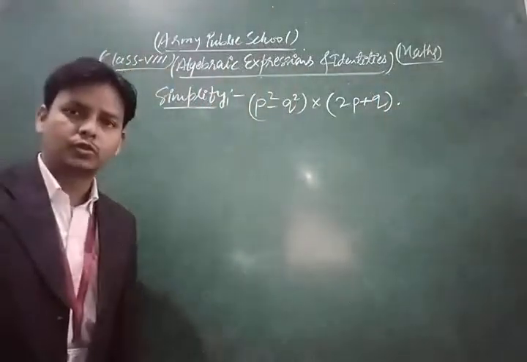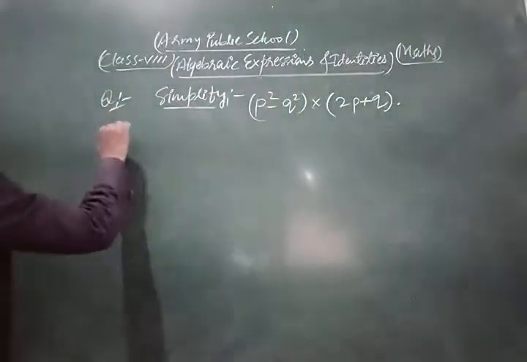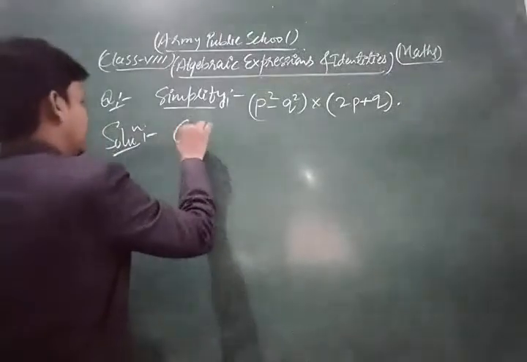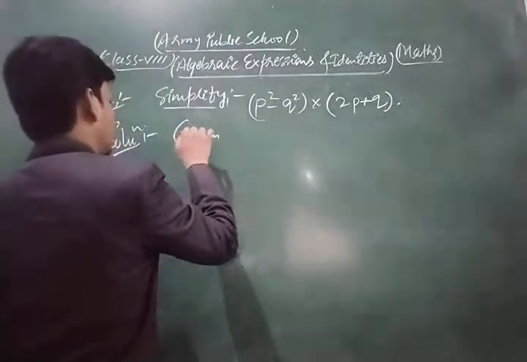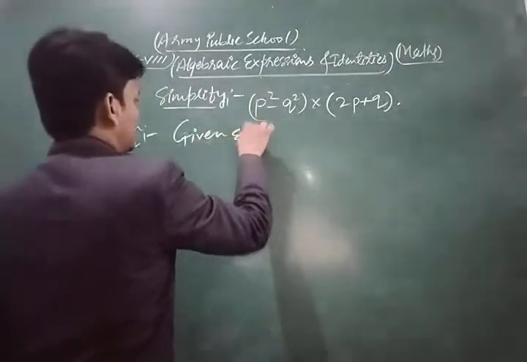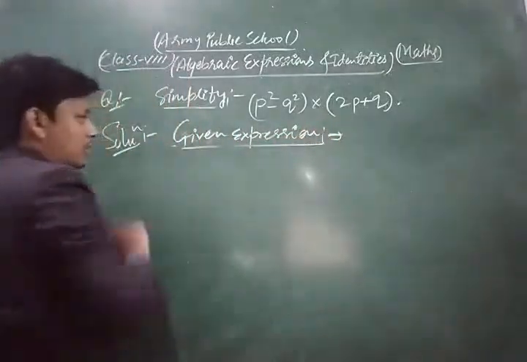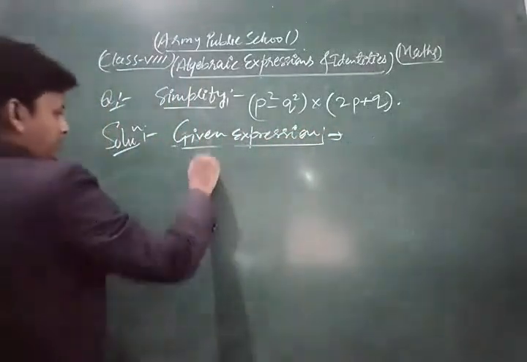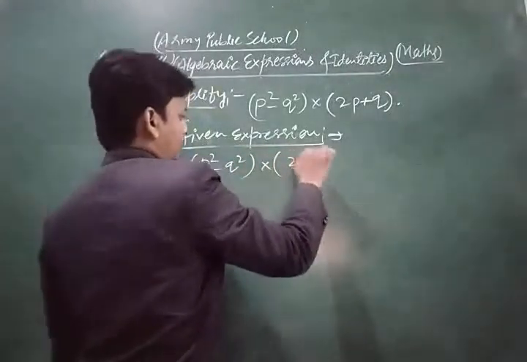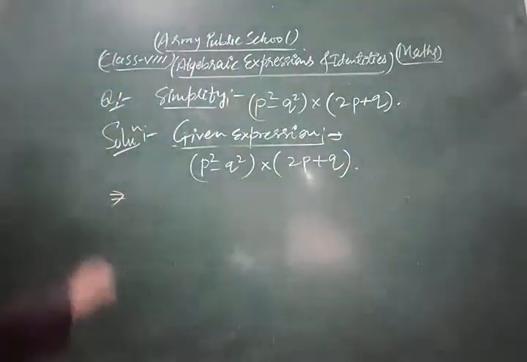P square minus q square multiplied by 2p plus q. Now let's see its solution. First of all, we write the given expression, p square minus q square into 2p plus q.